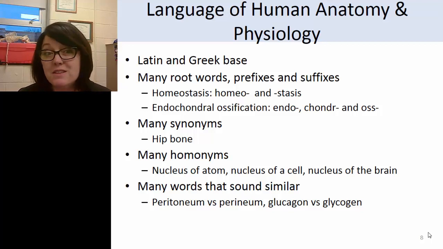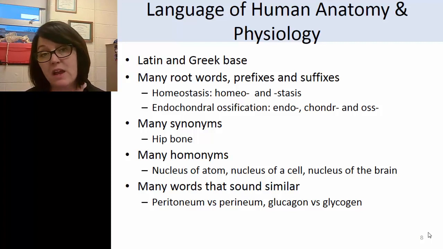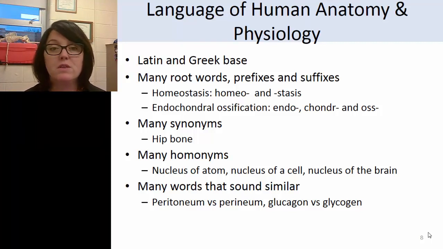There are lots of synonyms that we use in this class too. Like for example, your hip bone, right? That's not the technical term for your hip bone. The hip bone has lots of other names. Os coxal bone is one. Os coxa for singular, os coxae, plural. It's also known as the innominate bone, which in Latin means the no-name bone, which is very ridiculous, I know, right?